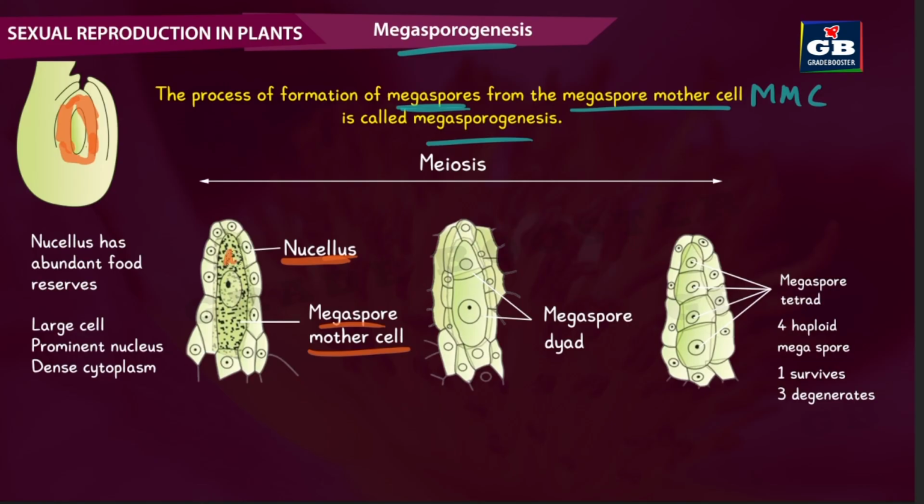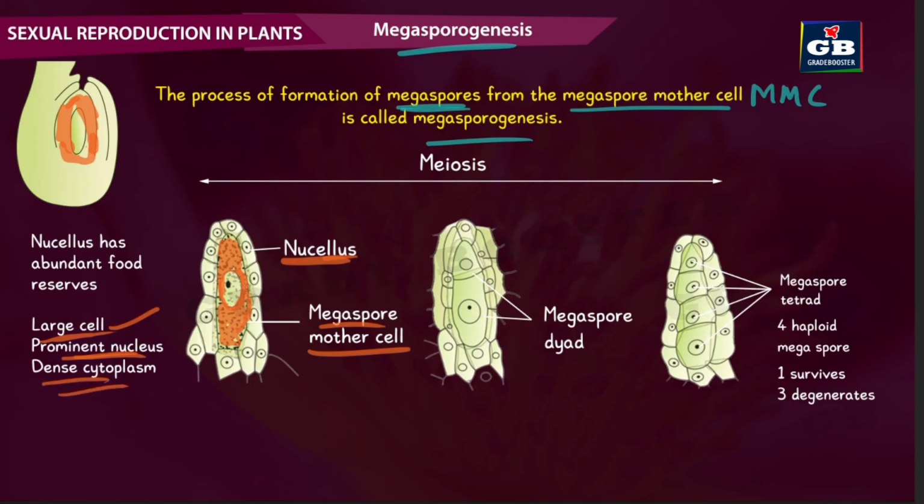We can see this megaspore mother cell is very big. It is large in size, and inside the cell we see so many dots. The center one is the nucleus. It has a big nucleus. So the cell that is formed from the nucellus is large in size, and it has a prominent nucleus and dense cytoplasm.